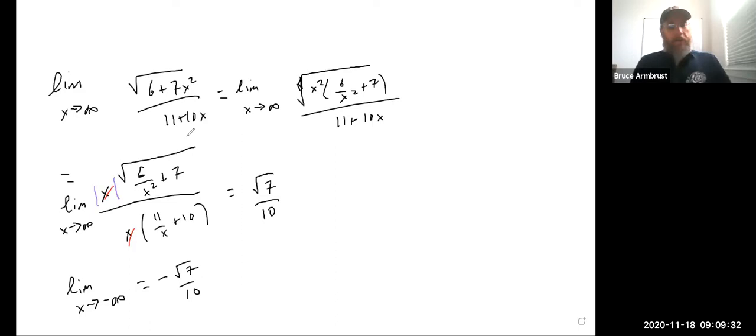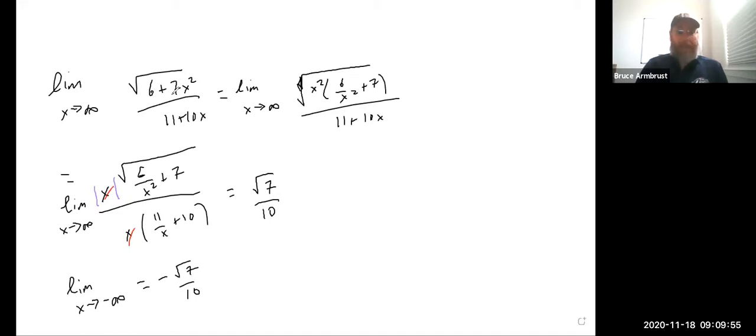Okay, I don't think I quite understand, because if you plug in negative infinity, you're going to get infinity over infinity, right? Because you're going to have 7 times infinity squared plus 6, which is huger than huge. Take the square root of that, it's still infinite.